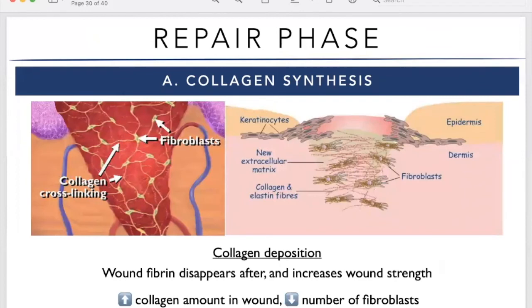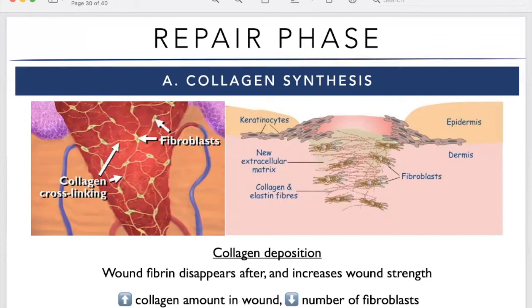Provided that this was not stopped, if you did not pick on that scab, if there was no other more injury that was done, if the patient was not self-mutilating. So if these things are not happening, then the repair phase would just continue on and on. Right?